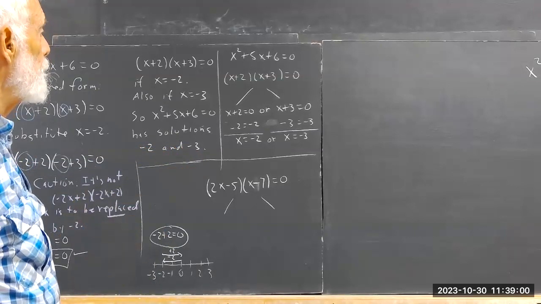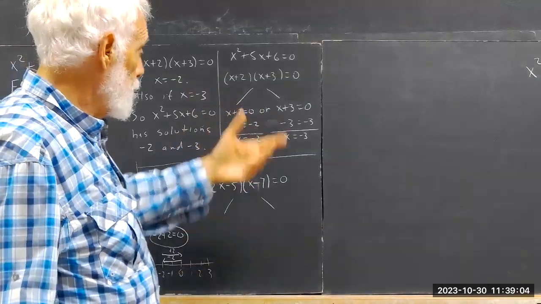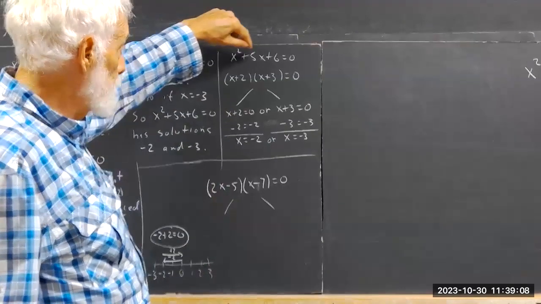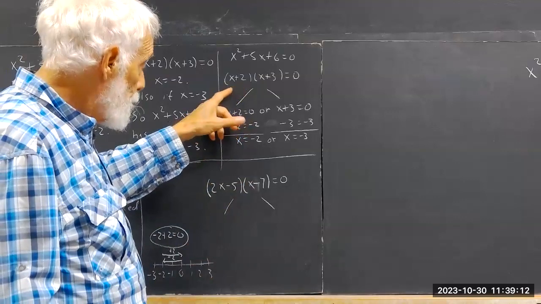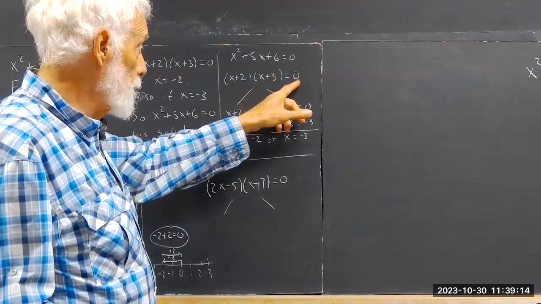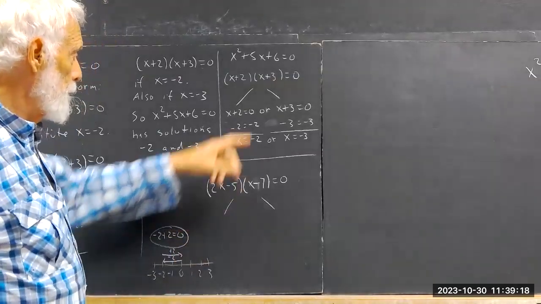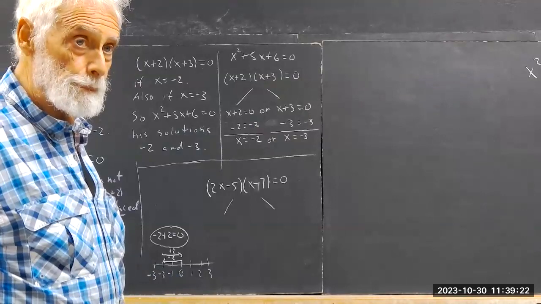Another way to approach this is by just breaking this down into a couple of linear equations and solving them. So we have x squared plus 5x plus 6 equals 0. Well, factoring, we get x plus 2 times x plus 3 equals 0. Meaning then that either x plus 2 is 0 or x plus 3 is 0.